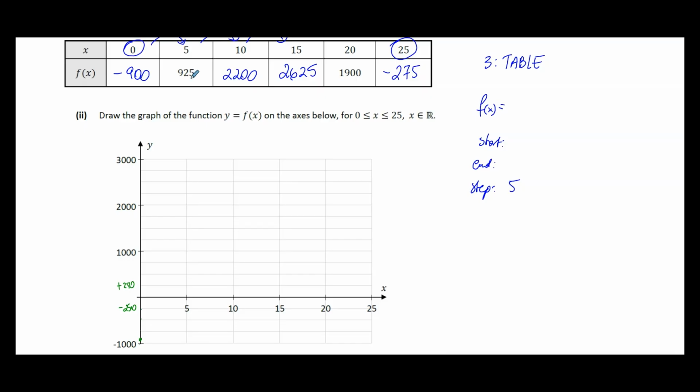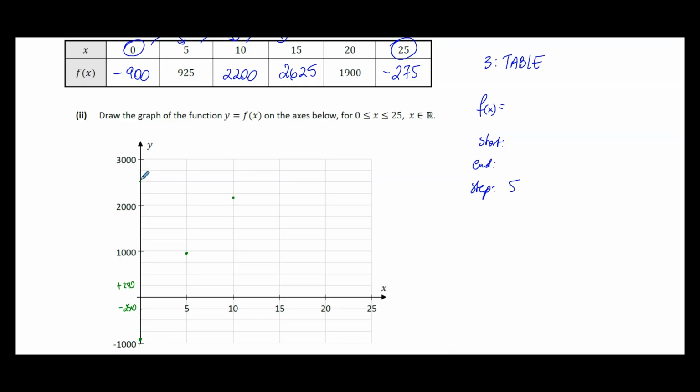Then the next one for 5, on the plus side, 925. So again, close to my 1,000. Then 10, 2,200. So a little bit below my line, because that will be 2,250. Then 15, 2,600.